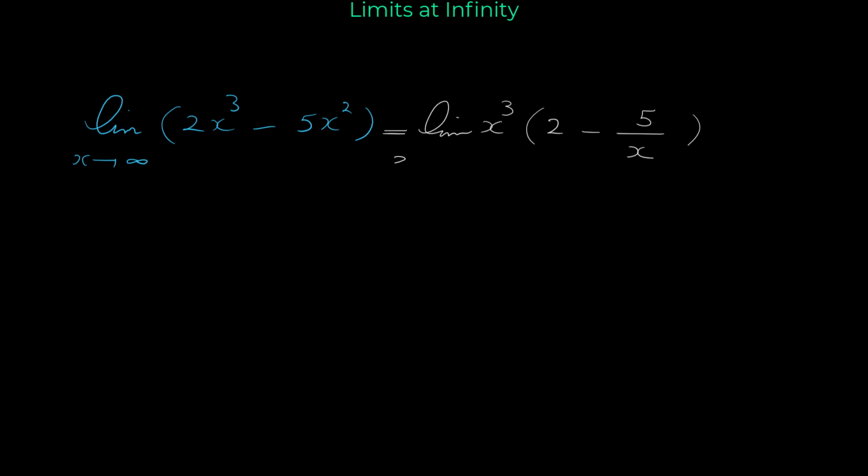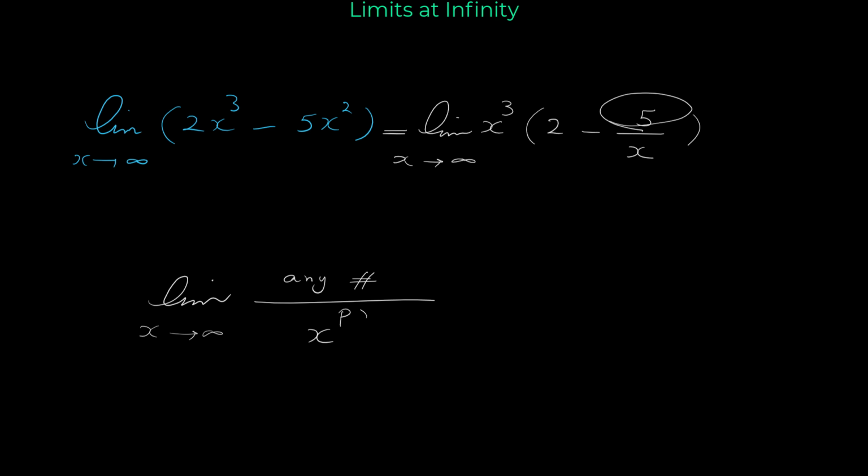And x approaches infinity. The reason that we factored the highest degree of the bracket is that we know this general rule: the limit of any number over x to any positive power, let's say x to the power of 1, x to the power of 2, any positive power of x, the limit of this form, the limit of any number, 5 is a number, over x with any positive power, is equal to 0.